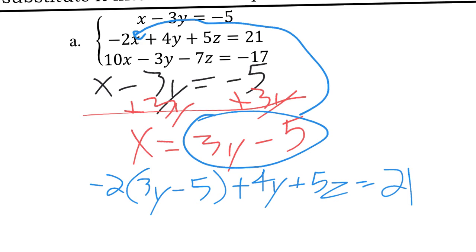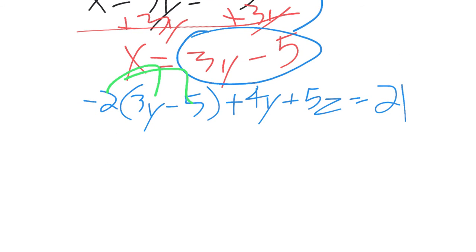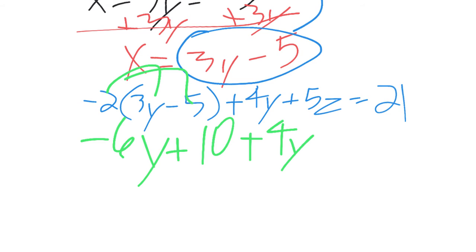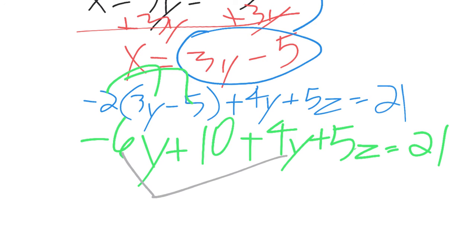And now we need to distribute. So I'm going to multiply just the insides of the parenthesis by negative 2. So I'll have negative 6y plus 10, and then everything else comes down, plus 4y plus 5z equals 21. Okay, so now we can add like terms. I need to combine my y terms, and that's going to give me negative 2y.